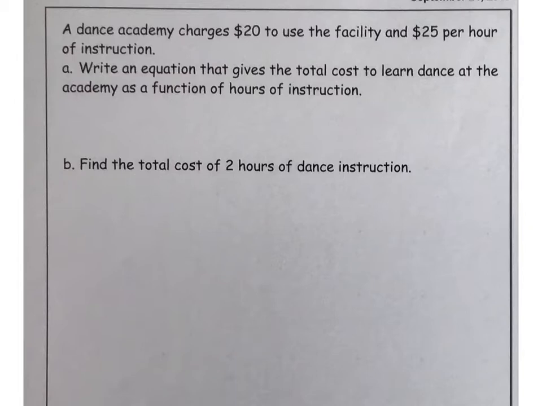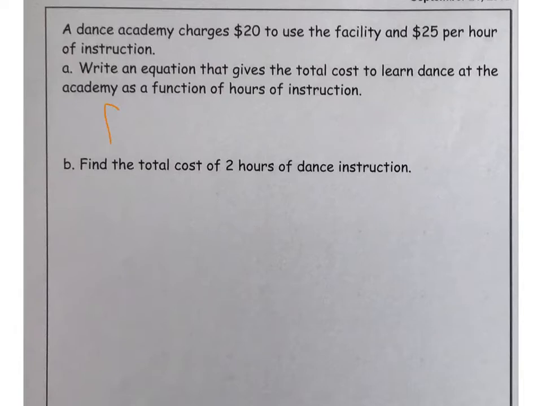So a new problem here. This one's a word problem. It says your dance academy charges $20 to use the facility and $25 per hour of instruction. Write an equation that gives the total cost to learn to dance at the academy as a function of hours of instruction. So I'm going to write this in function form.